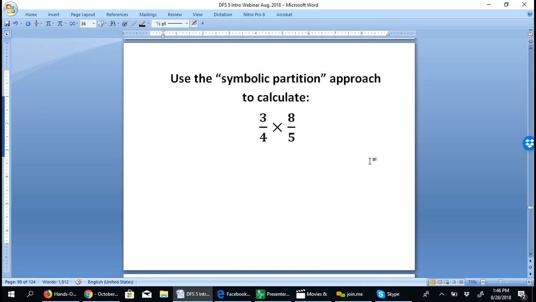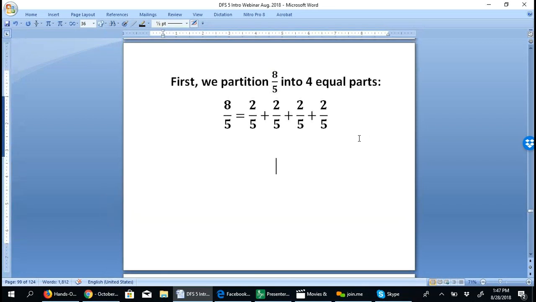In the symbolic partition approach, we need to partition 8/5 into 4 equal parts because we need to find 3/4. How do we partition 8/5 into 4 equal parts?